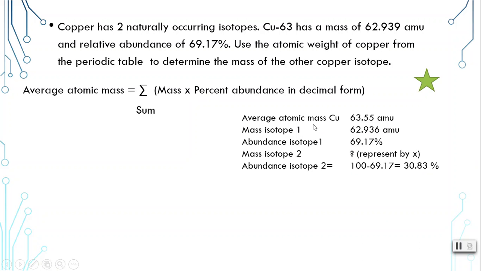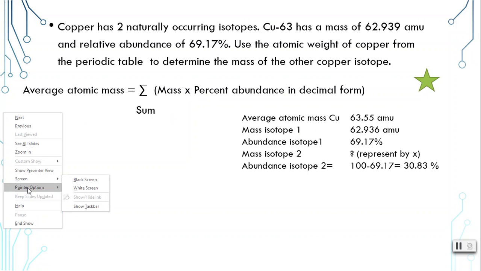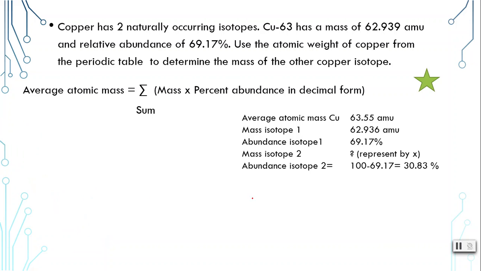I know my average atomic mass from my periodic table, which you should have in front of you right now. If you don't, go ahead and get it because you'll need it. That periodic table says that the average atomic mass for copper is 63.55 atomic mass units. The mass of my first isotope and its abundance were given to you in the problem.